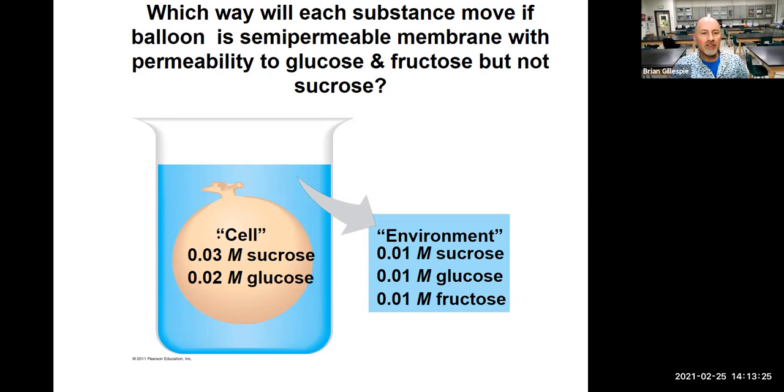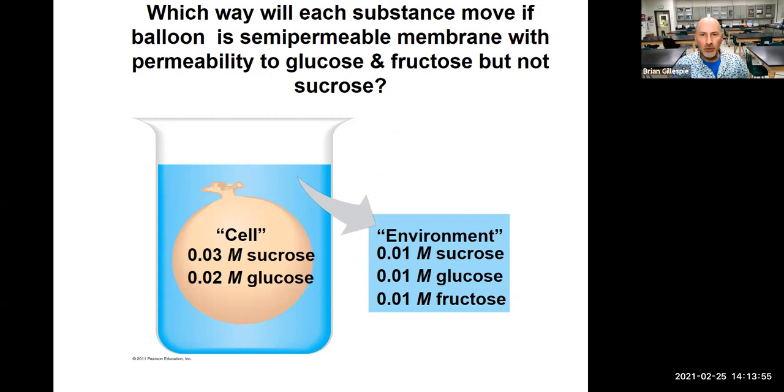And then we suspend this little sac containing this mixed solution into a beaker that also contains a mixed solution, where there is a 0.01 molar concentration of sucrose, 0.01 molar concentration of glucose, and a 0.01 molar concentration of fructose.